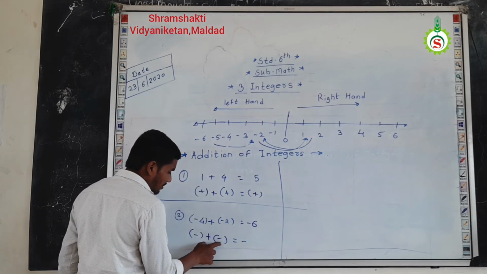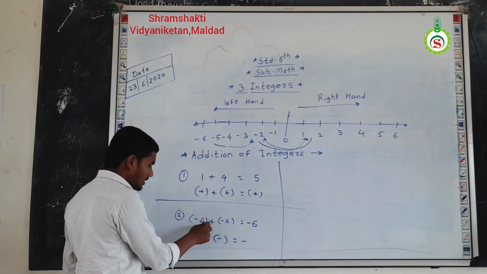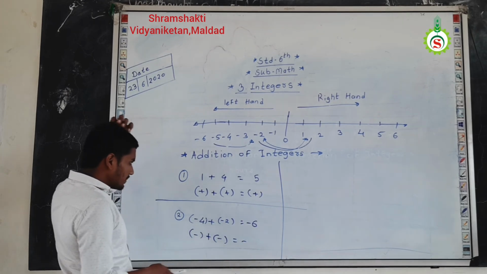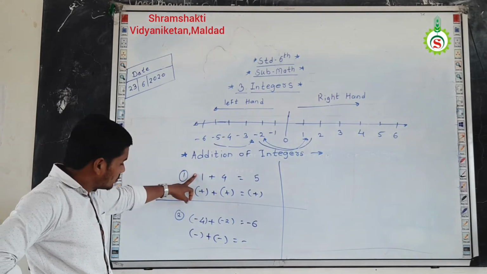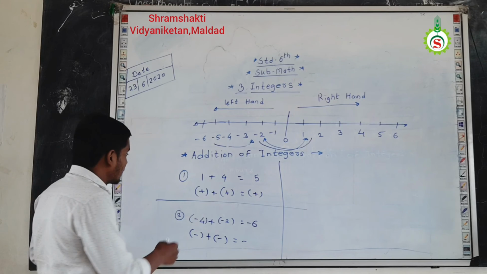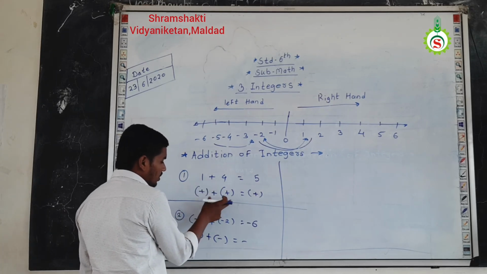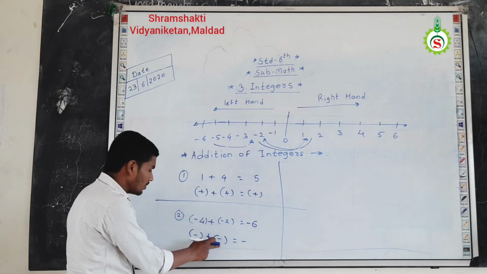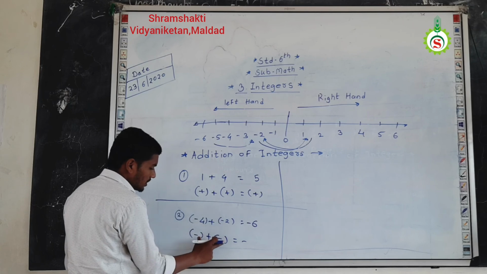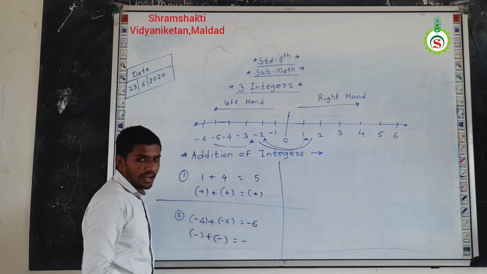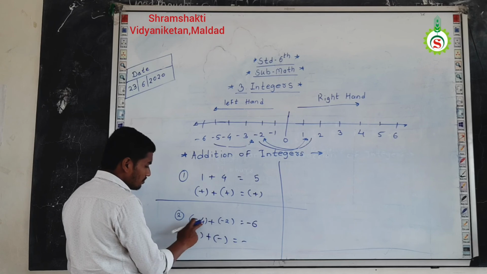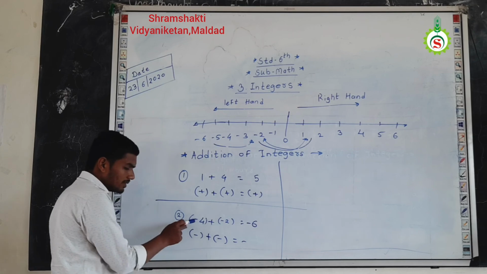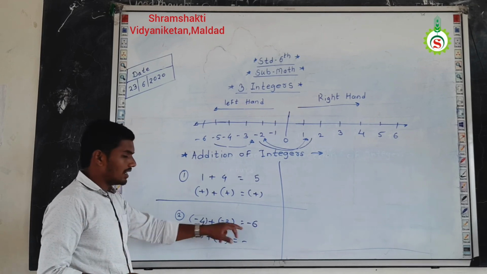So minus and minus: if I add minus and minus numbers, the sign of the answer is always minus. Okay. That means from those two examples, at least you got the idea that in the addition of numbers which are from the same region, maybe positive or maybe negative, that means positive positive or negative negative, I have to do the addition. But if the numbers are from the negative region, I have to give the answer the sign of the larger number. So I have given minus sign here.